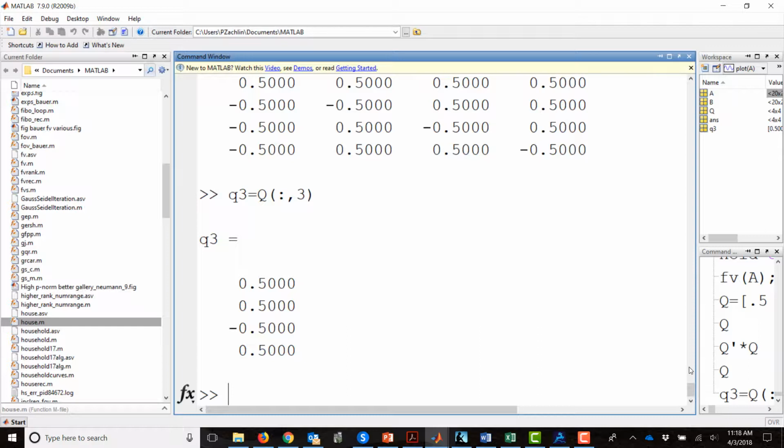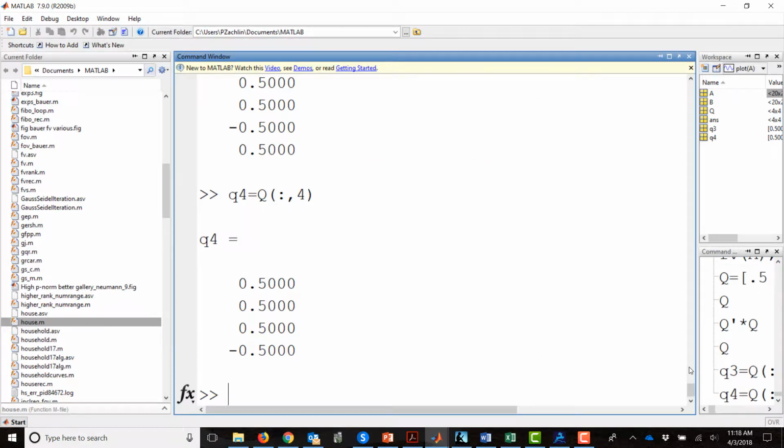I'm also going to define Q4 to be the fourth column of matrix Q. Now, what would happen if you dot product these two together? You get 0.